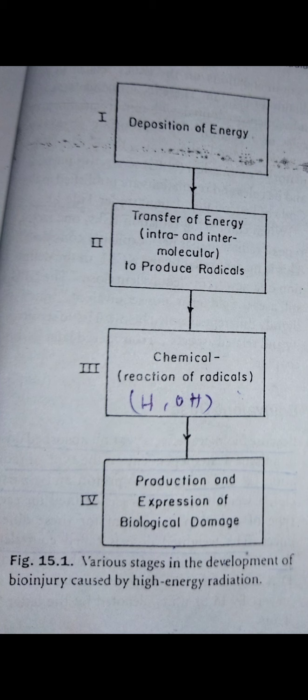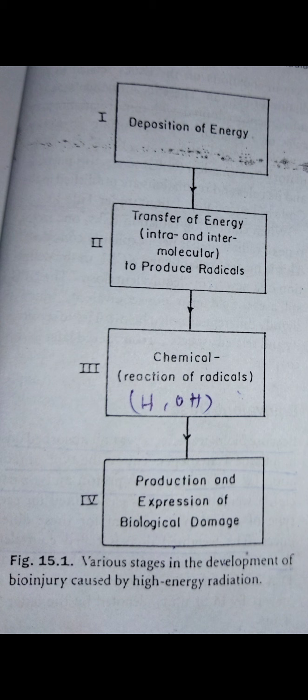Then the transfer of energy, the second step, can be intra or intermolecular to produce the free radicals. And in living systems, it will be by the radiolysis of water, forming the two most common free radicals, H and OH.